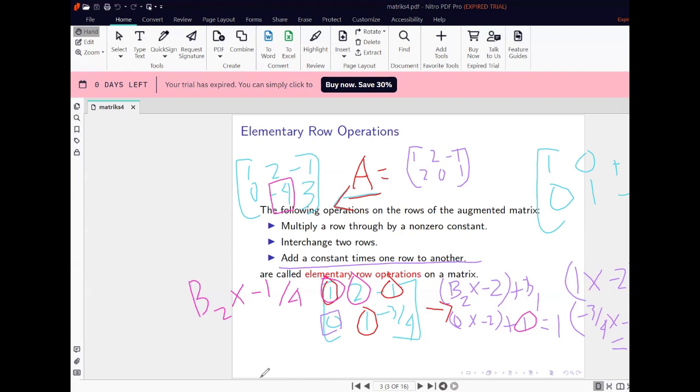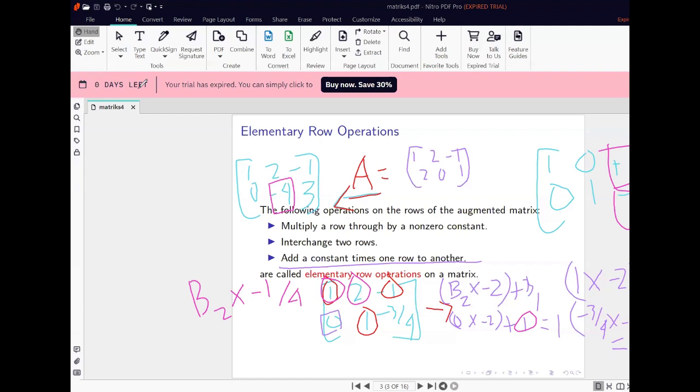Because the augmented matrix is already transformed into the row reduced echelon form, our job is finished. We can say that x1 is equal to half, and x2 is equal to minus 3 over 4.